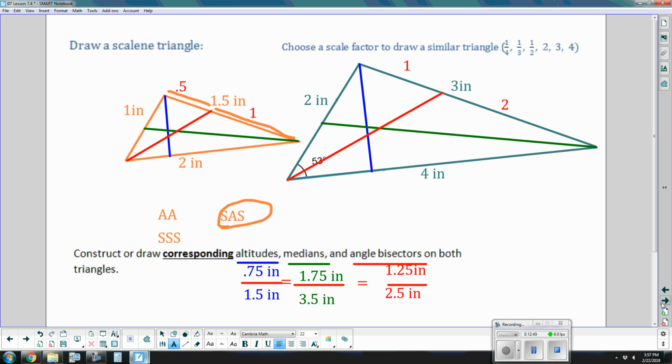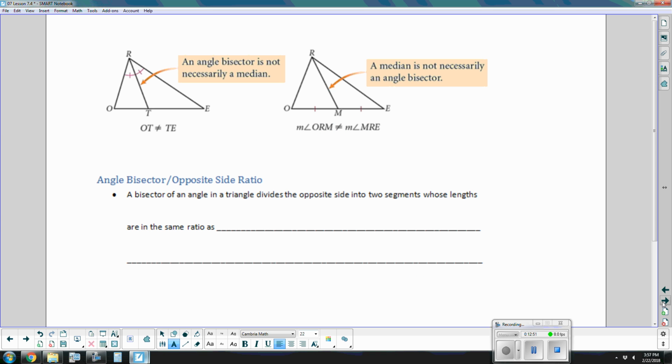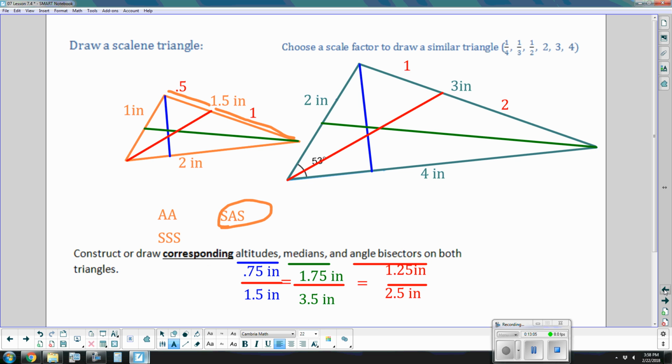So if we look at that ratio, the angle bisector to the opposite side ratio. So the angle that my bisector, that red line, bisects is formed by a 1 inch side and a 2 inch side.